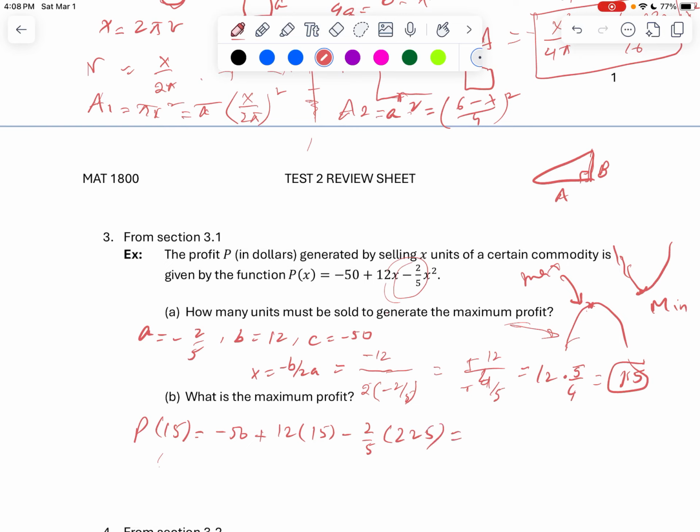The first quantity is negative 50, the second is positive 180. And then the next one: 5 goes into 225 how many times? 45. Now 45 times 2 is 90.